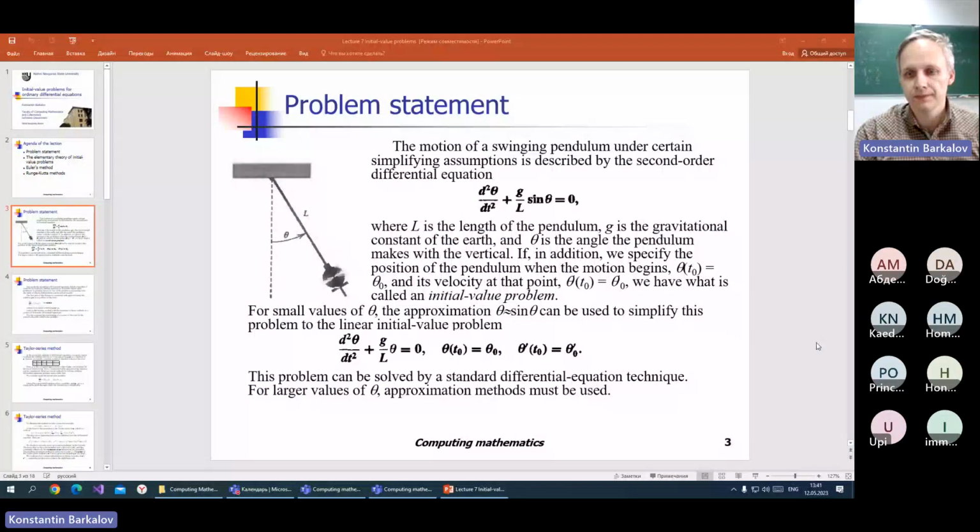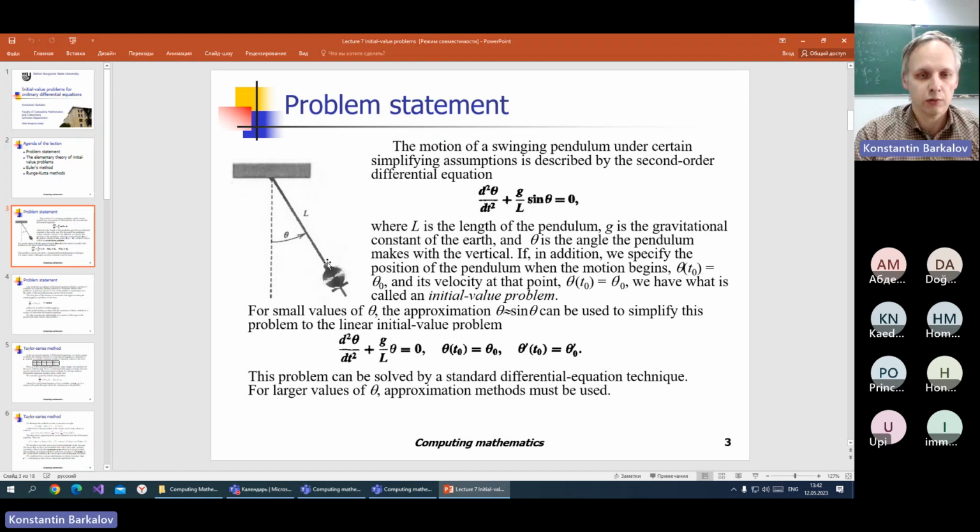Now let's come back to the presentation and consider this picture. This picture illustrates a swinging pendulum. And suppose that I want to find the position of this pendulum dependent on time.